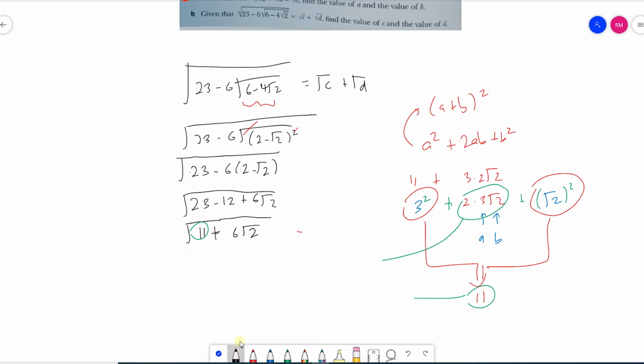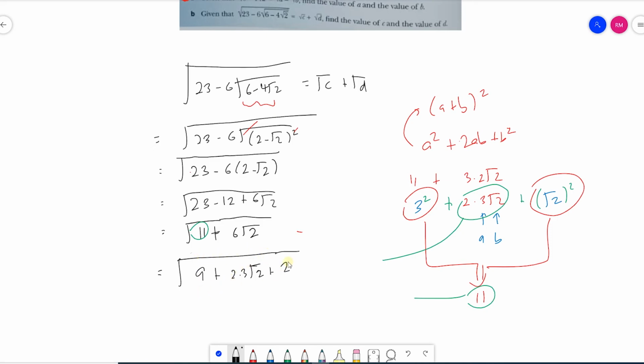We just need to simply write equals. First we need to split it up, correct? We need to split this 11 to be 9 and 2. So 9 plus 2 times 3 surd 2 plus the other part is 2, because 9 plus 2 is 11.